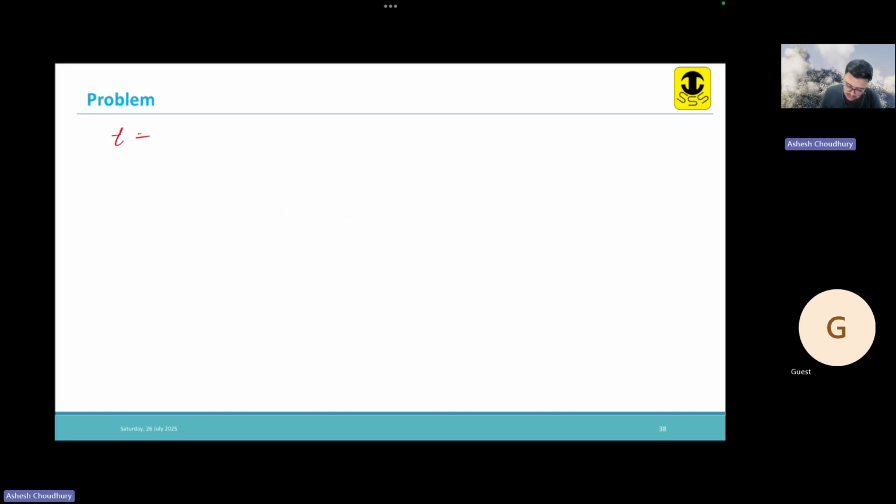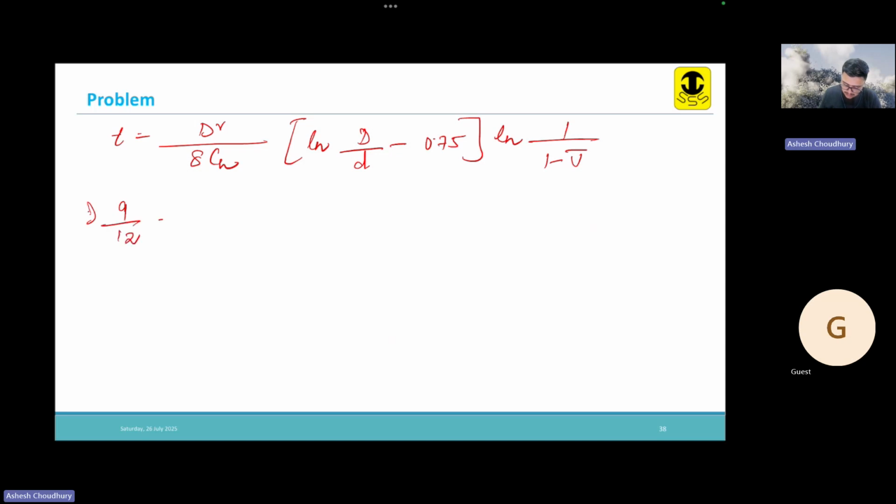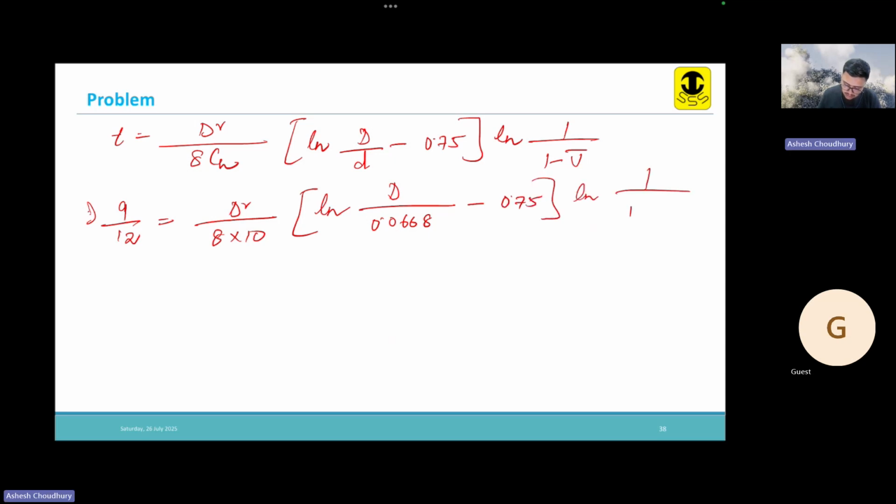The time is written as D square by 8Ch times [ln(D/d) minus 0.75] times ln 1 by (1 minus 0.70). So 9 by 12 in terms of years, equals D square by 8 into 10, then ln D by 0.0668 minus 0.75, then ln 1 by 0.3.